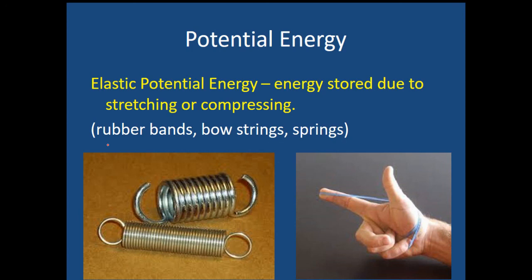When you stretch that rubber band and you hold it, you've provided potential energy through the rubber band. And as soon as you let go, all that potential energy turns into kinetic energy, causing it to fly. Springs are another great example of elastic potential energy, because when you pull a spring apart, you're stretching it, putting potential energy into the spring itself.